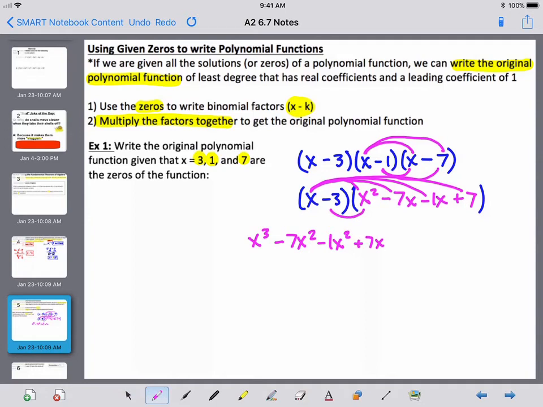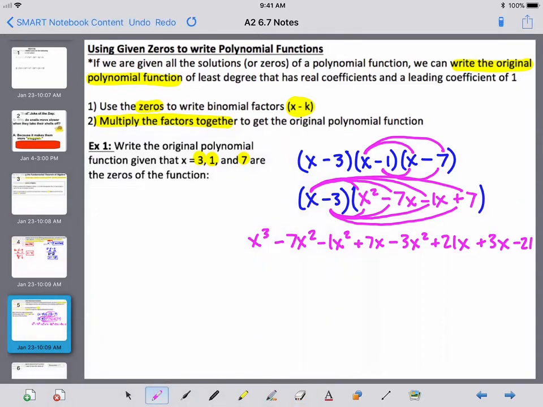Negative 3 times x squared is negative 3x squared. Negative 3 times negative 7x is positive 21x. Negative 3 times negative 1x is positive 3x. And lastly, negative 3 times positive 7 is negative 21.